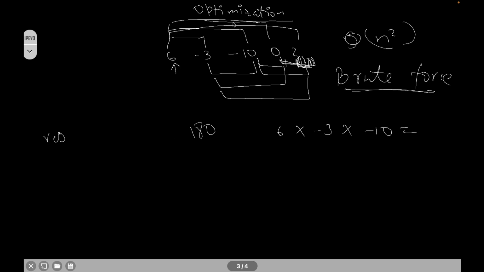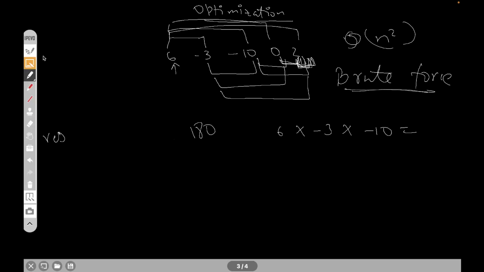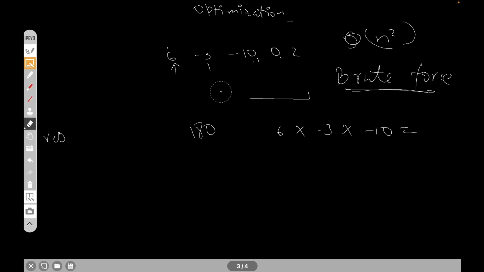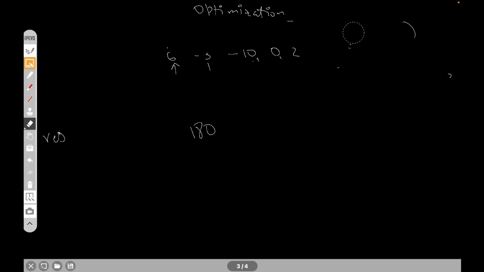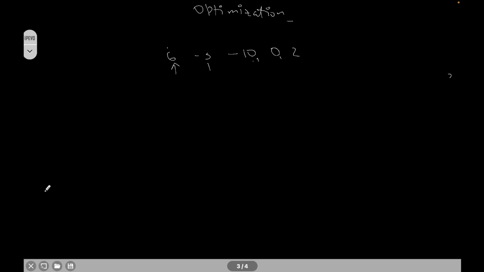So now let us see how we can solve this in an optimized way.